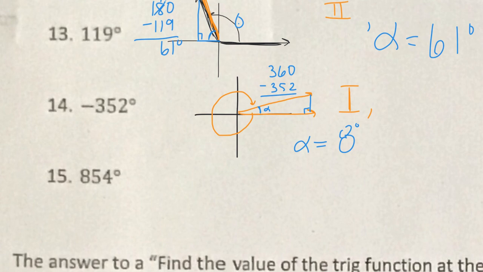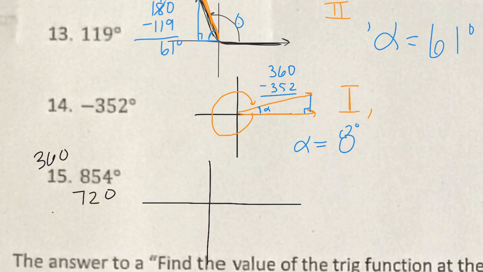Okay, now 854 degrees. How many times around the circle is that? Well, I know 360 is one time around the circle, and 720 is a second time around the circle. So we have gone 134 degrees past 2 rotations.